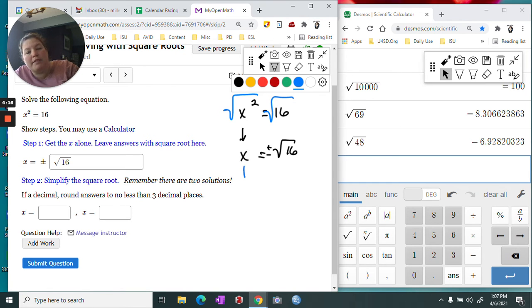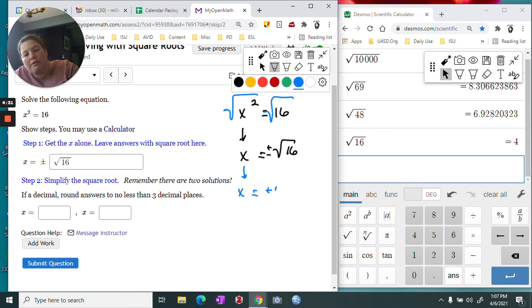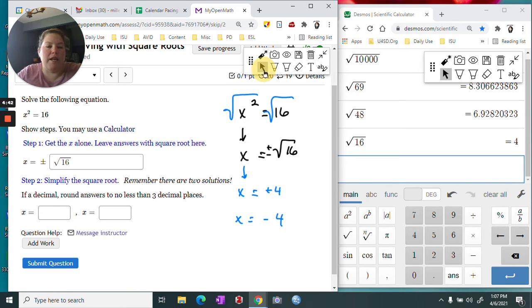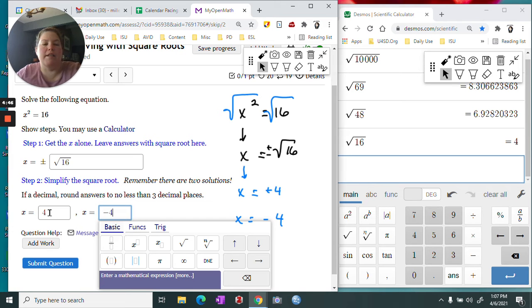So I'm going to bring down my x, and I'm going to consider the fact that I have a positive and negative, and I can do the square root of 16. If I don't remember that it's 4, so I have positive 4, and I have negative 4. Because remember, negative 4 times negative 4 is still positive 16. Okay, so I'm going to come over here and type in my 4 and negative 4.